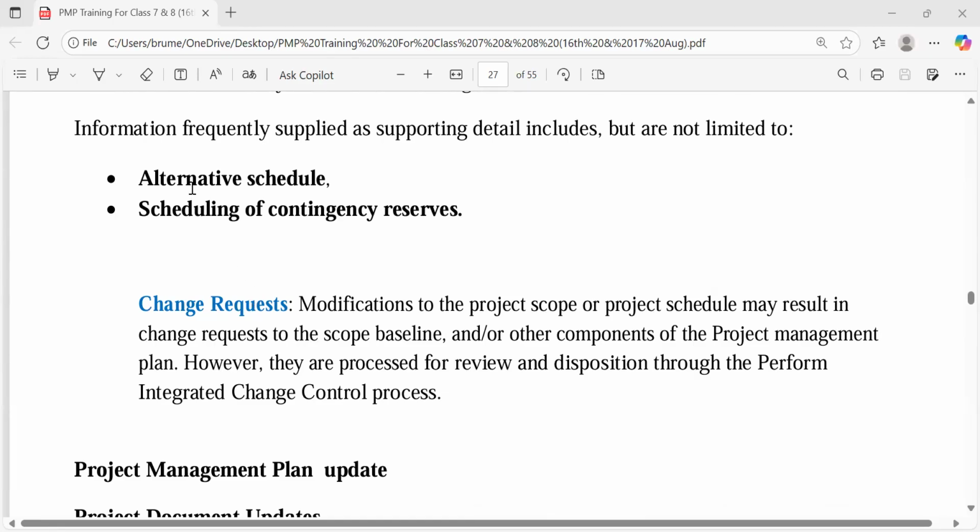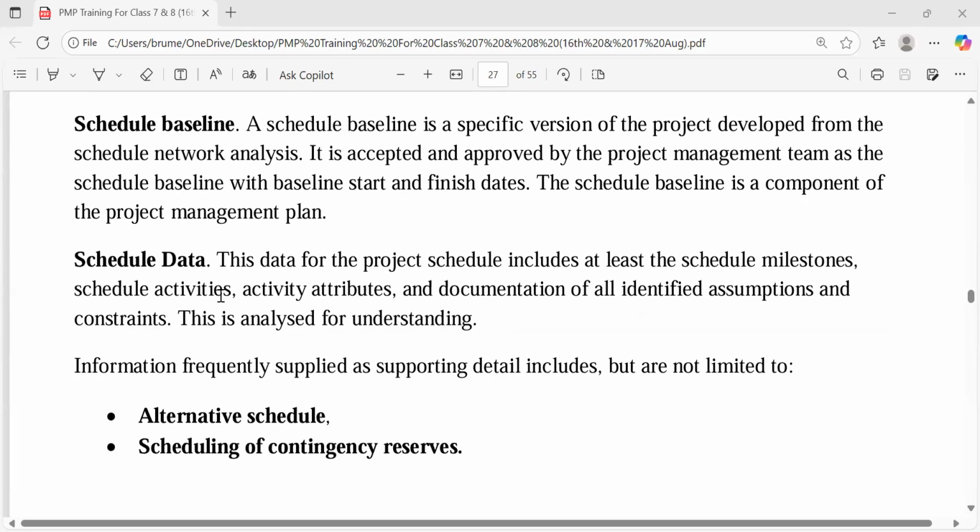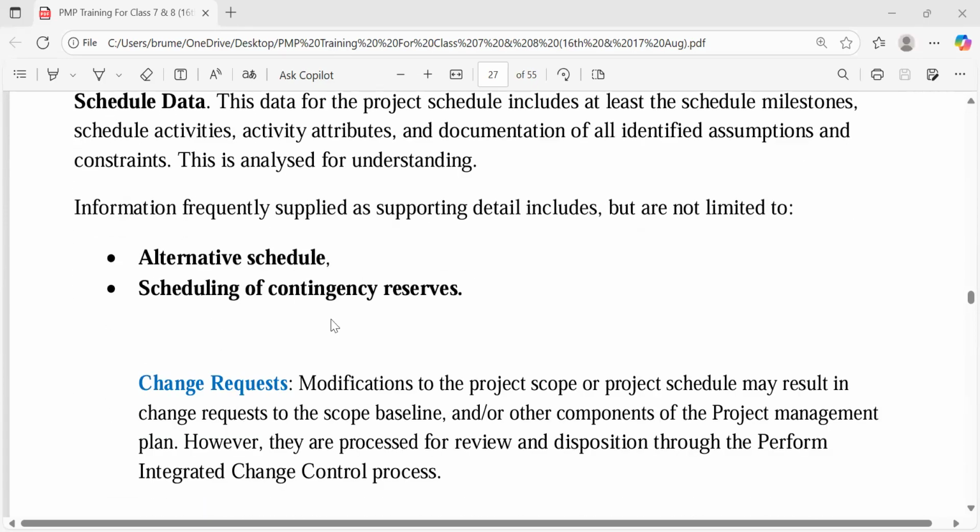So, another thing we do under this schedule data analysis, we do the scheduling of contingency reserves. Oh, I almost missed this one. Contingencies are buffers, not the professional words. They are buffers, additional time buffers.